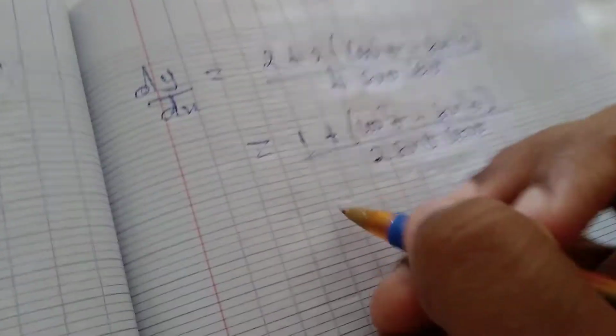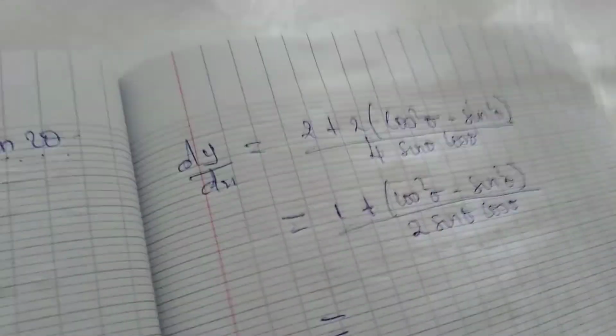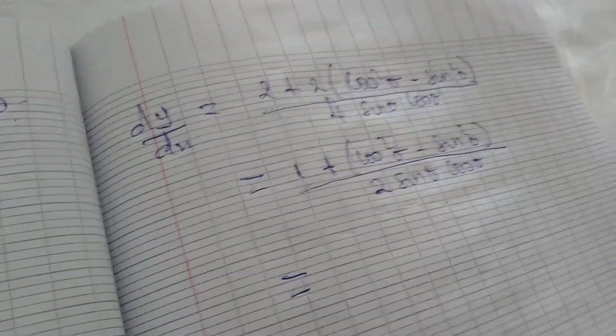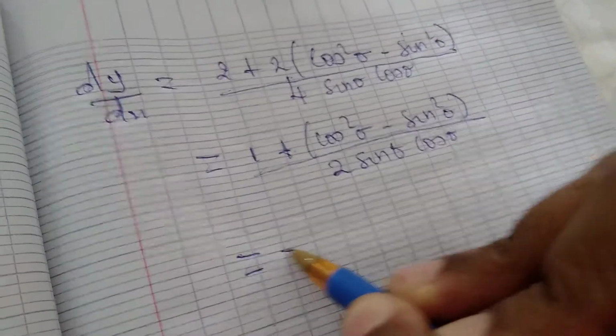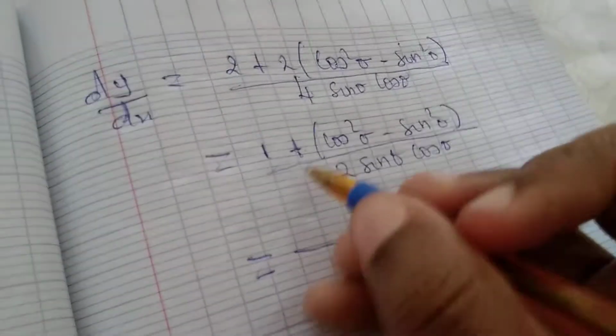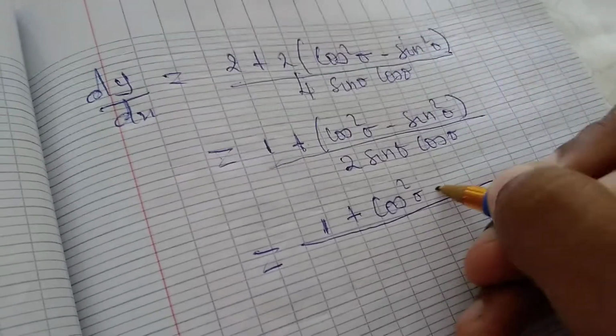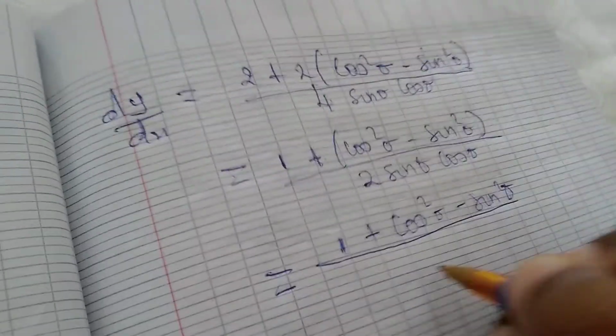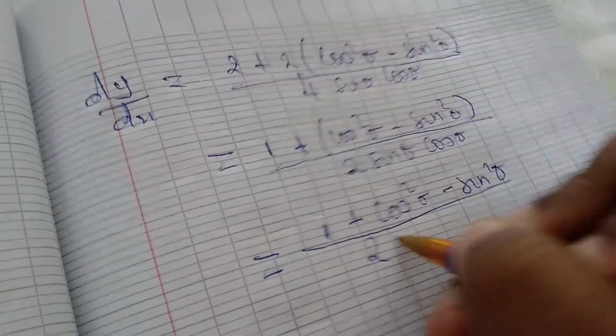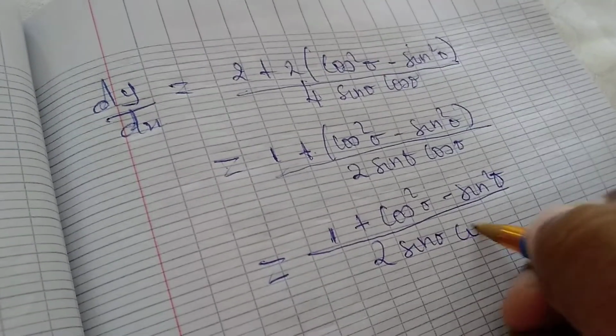Now, when I expand, make sure that at the end of the day, we are looking for cot theta. So you don't have to forget your target, what you are aiming for. So this is what I will do: 1 plus cos squared theta minus sine squared theta, all over 2 sine theta cos theta.